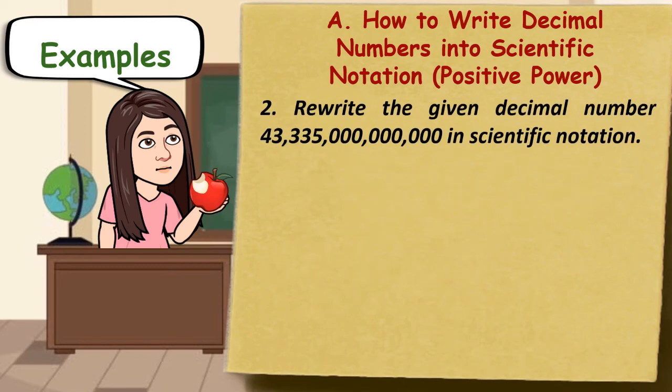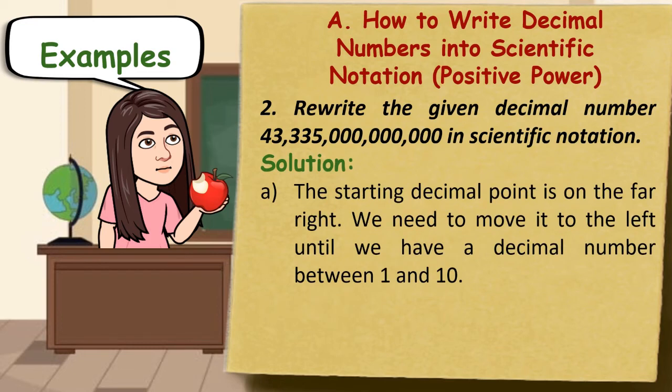Rewrite the given decimal number 43,335,000,000,000 in scientific notation. Here is the solution. The starting decimal point is on the far right. We need to move it to the left until we have a decimal number between 1 and 10.